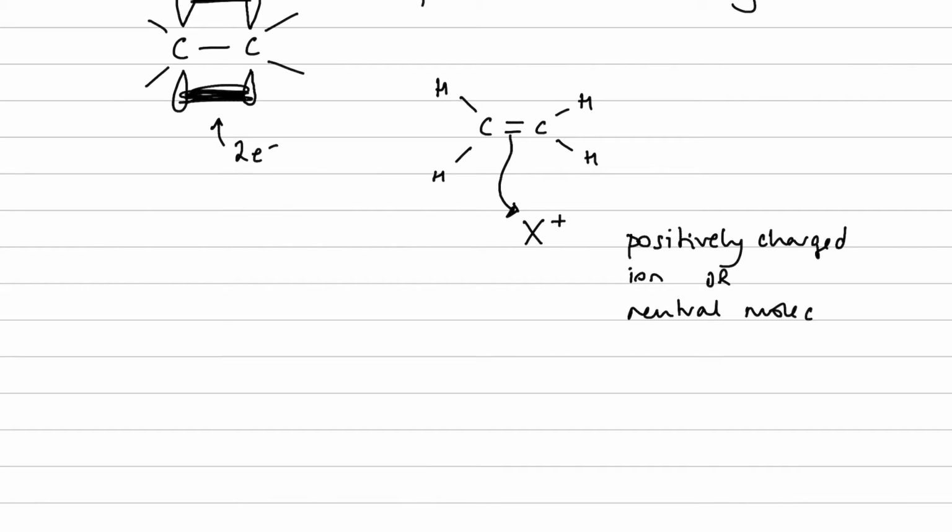If that is the case, then one of the atoms in that neutral molecule is going to be delta positive. Either way, our electrophile is able to accept a pair of electrons, i.e. the pi electrons, and it's going to use them to form a new covalent bond.